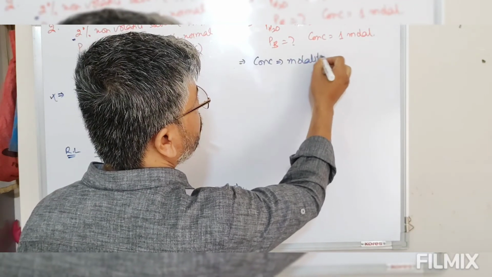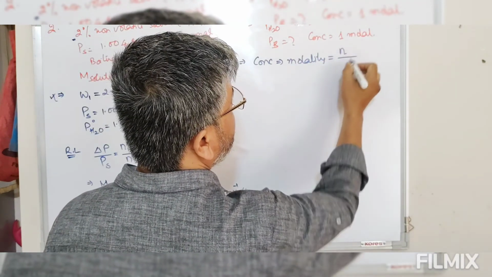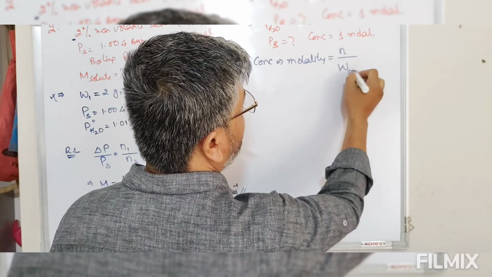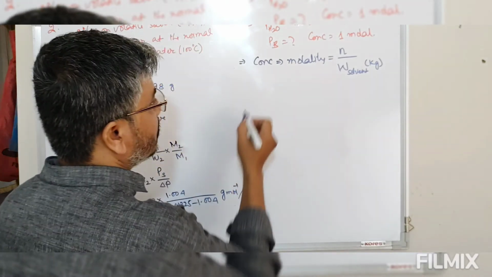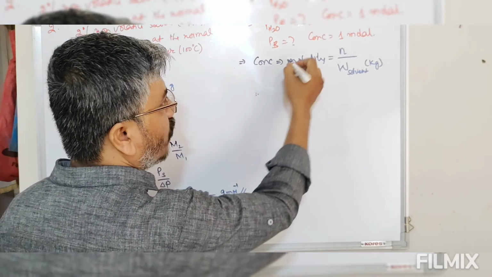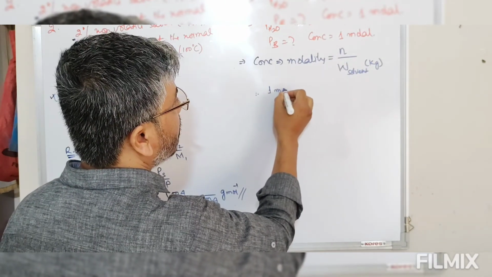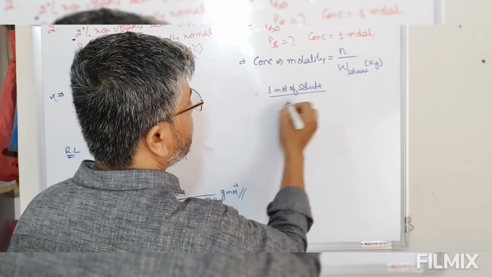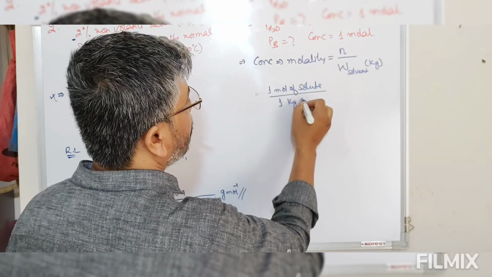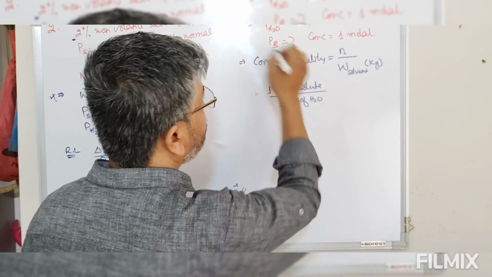Concentration is given as molal. So molality is defined as the number of moles divided by the mass of solvent in kilogram. Therefore 1 molal means 1 mole of solute is present in 1 kilogram of water, because the solution is aqueous.